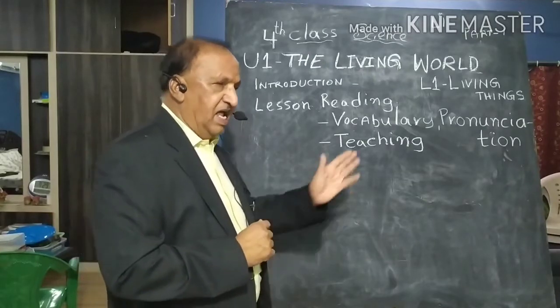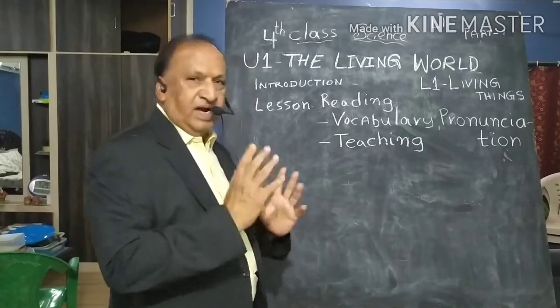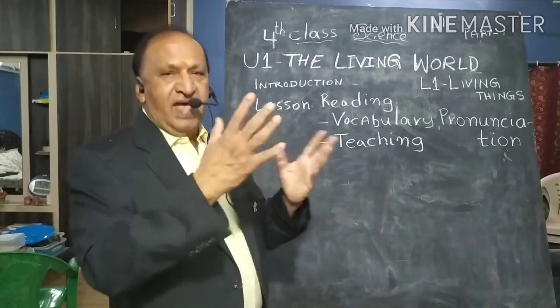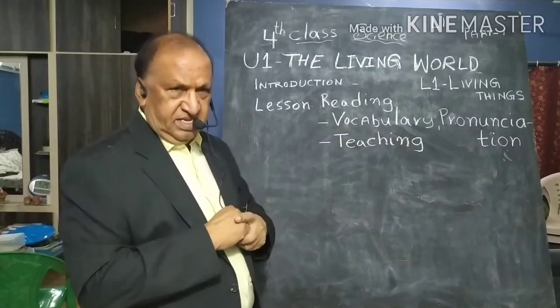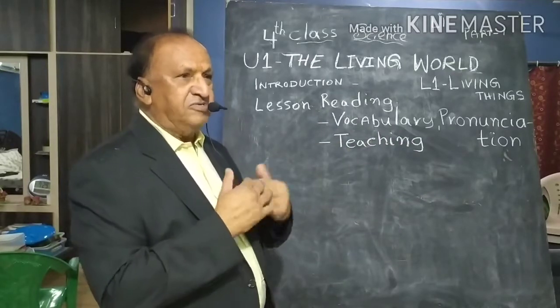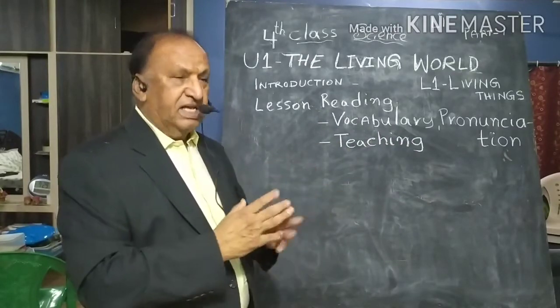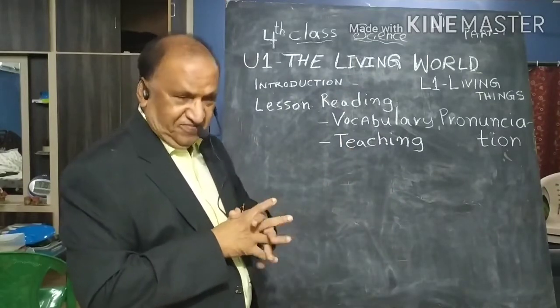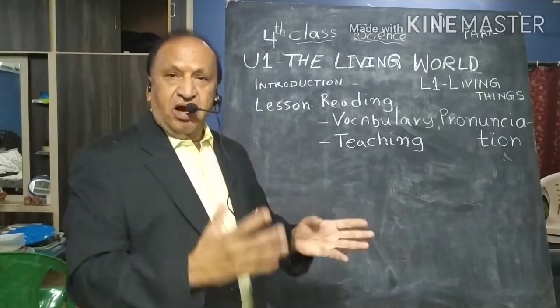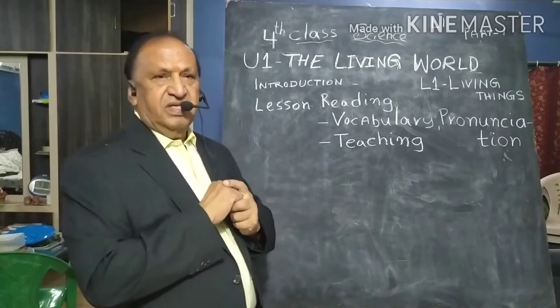And non-living things, I told you, are of two kinds. One is natural non-living things, another is man-made. Let us say natural: all the hills, rivers, mountains, rocks are there in nature, but they don't have life. So they are non-living things.